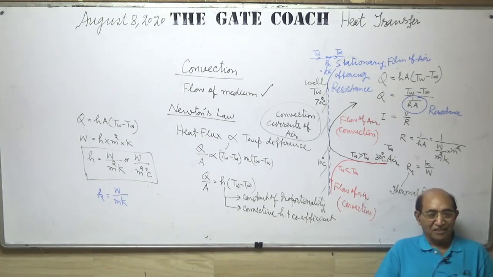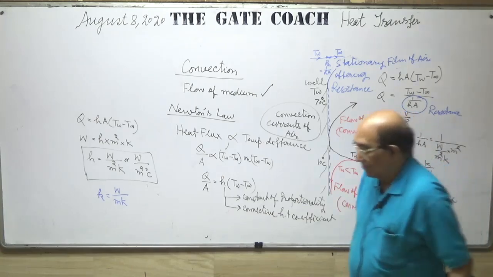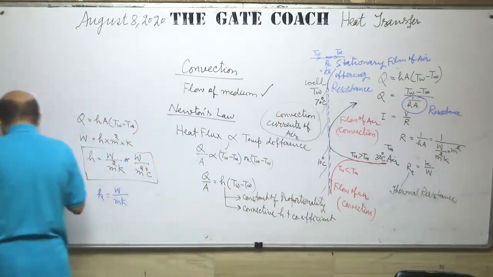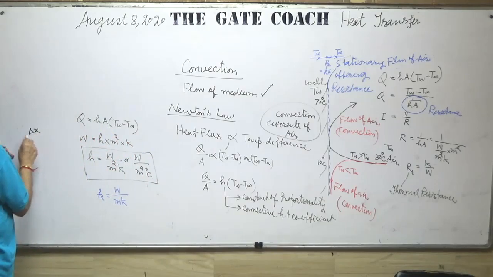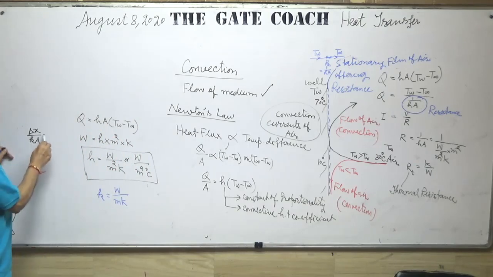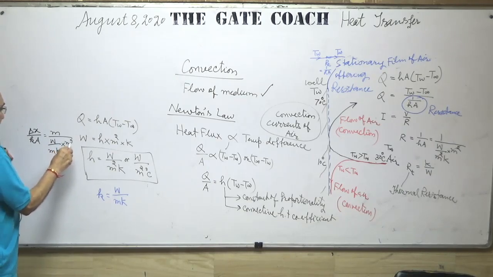Since the term is the resistance, earlier our resistance was delta X upon KA. Delta X was in terms of meter, K was in terms of watt per meter Kelvin, area was in terms of meter square.